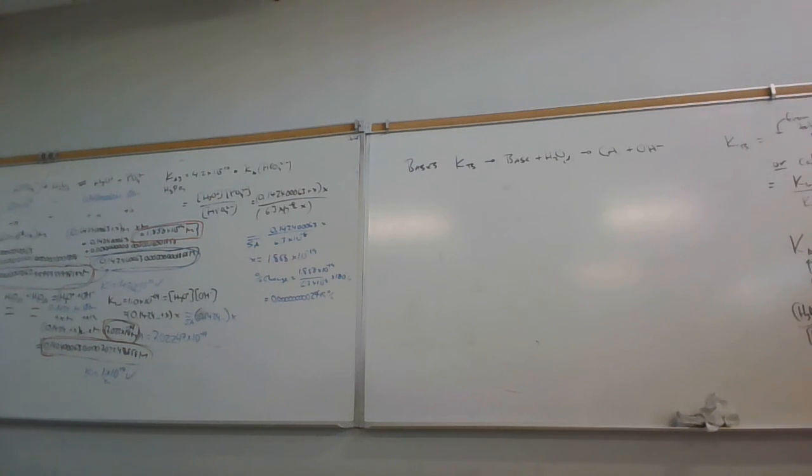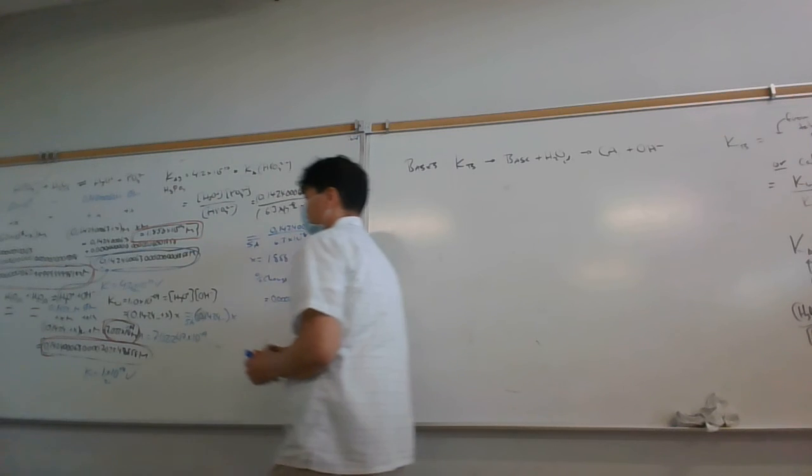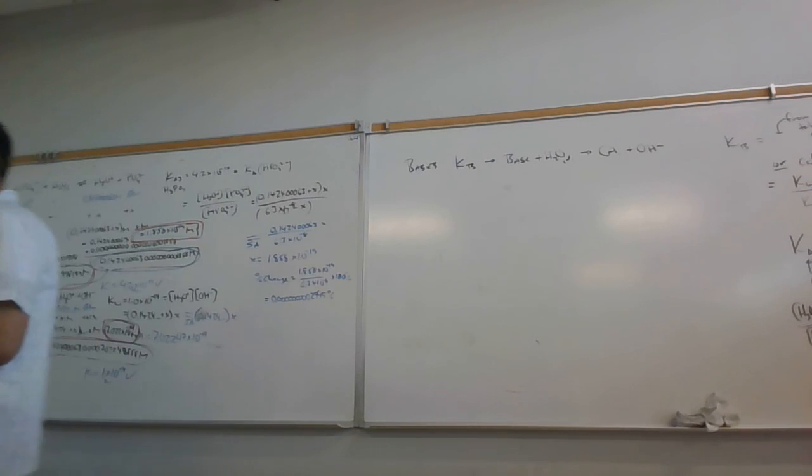And so here we can see that when we look at Ka and Kb together, and they're conjugates, then all that's left is Kw here.